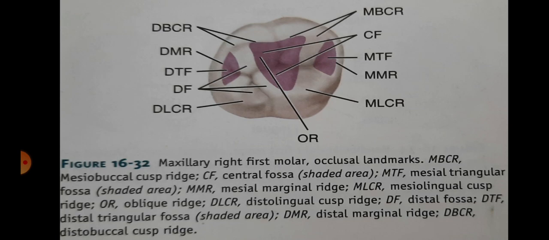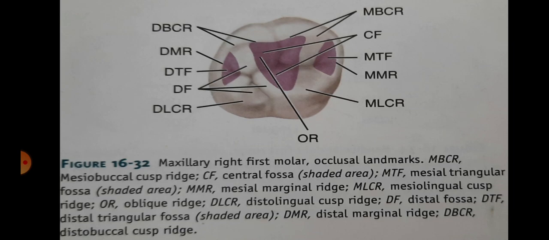OR is the oblique ridge, which runs from the distobuccal cusp to the mesiolingual cusp.